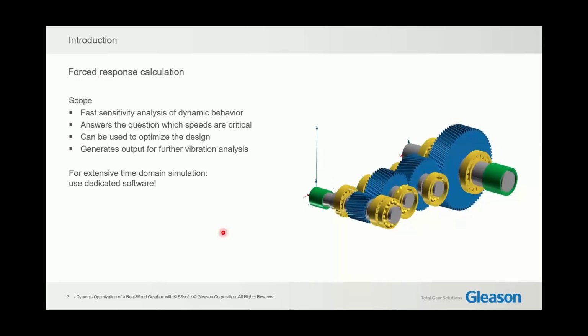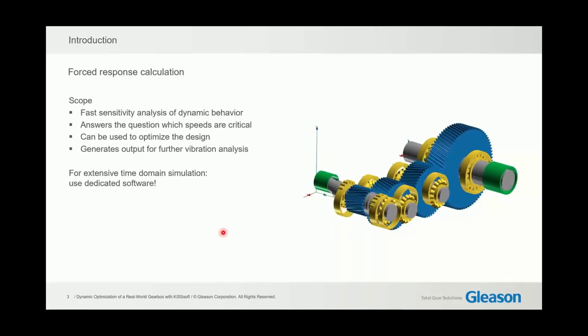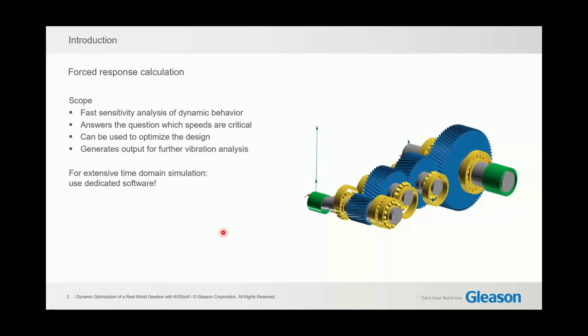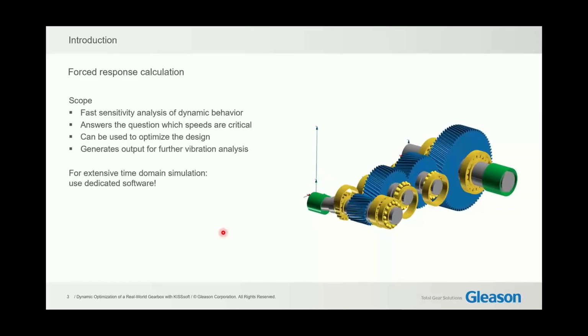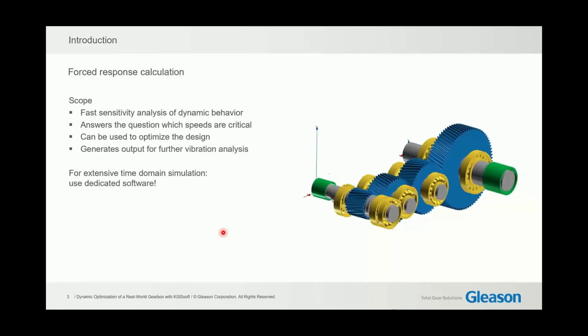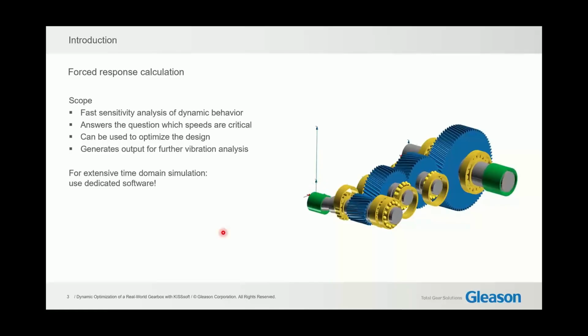Then you can also use this, of course, to optimize the design, change profile modifications or bearing arrangements. And also you will generate output for further vibration analysis in other software. For an extensive time domain simulation, use dedicated software. For this, our force response calculation is simply not intended.